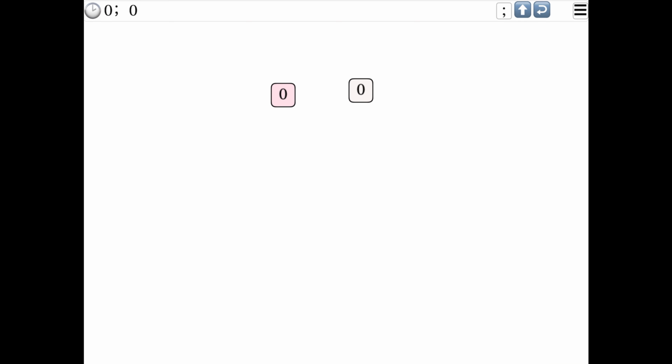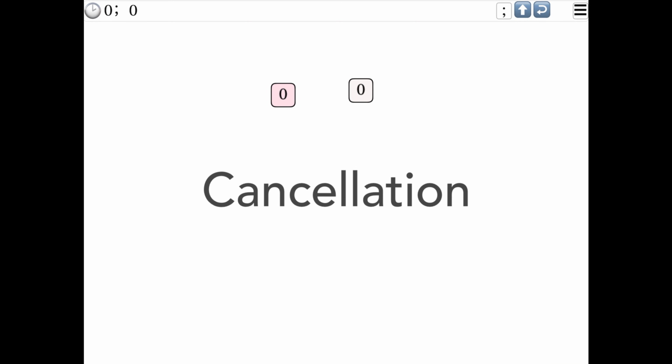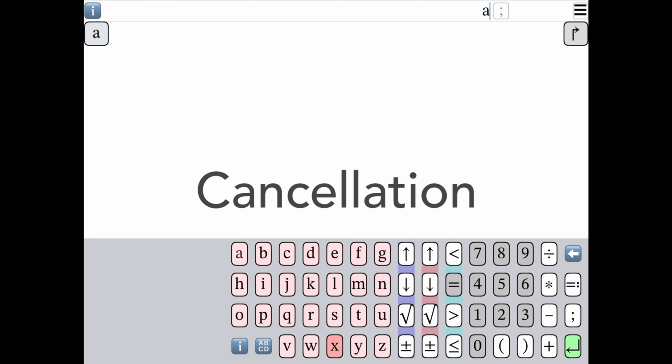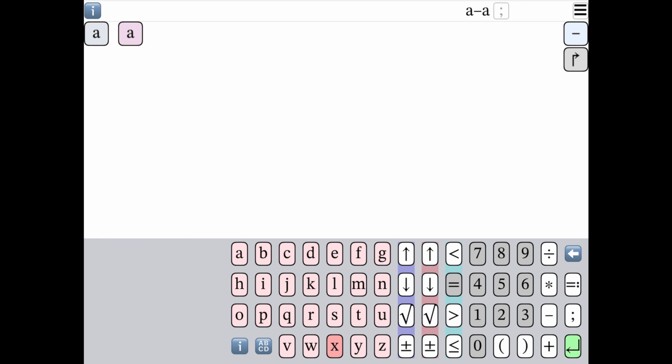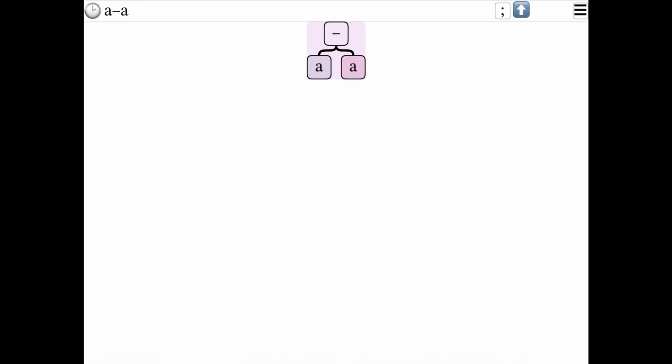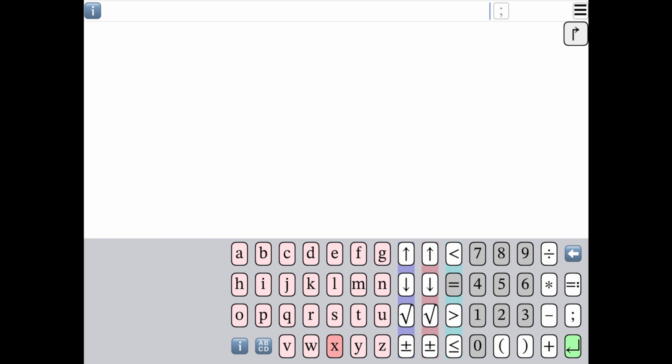This is an important feature of the app, but not of math itself. This is only a convenient way to tell DragginMath that you want to cancel. Canceling works for more complicated operands also.